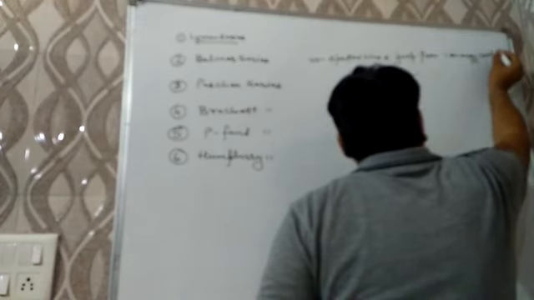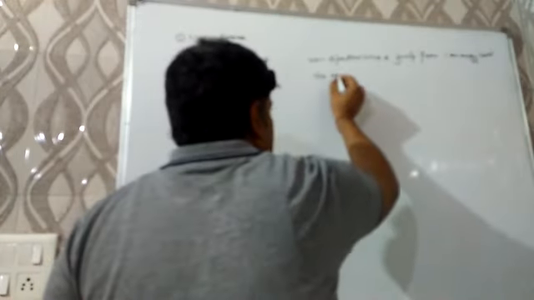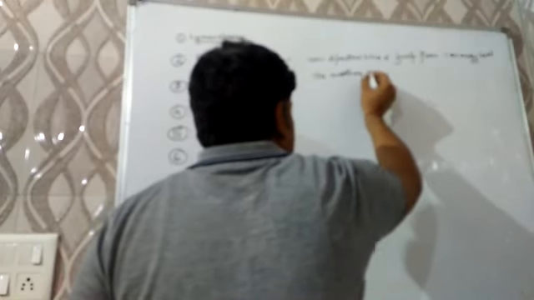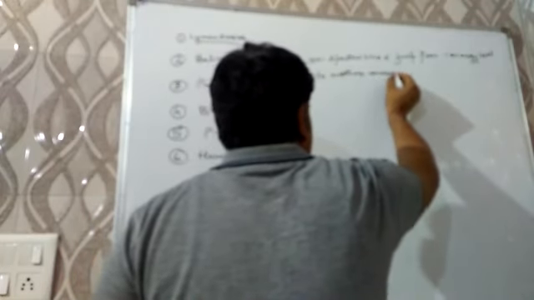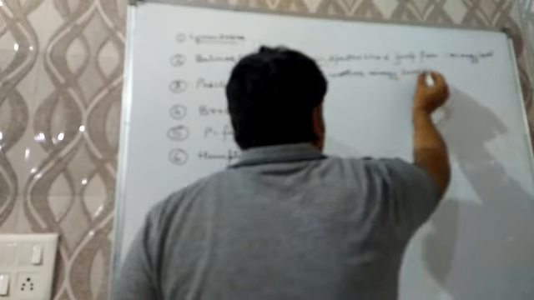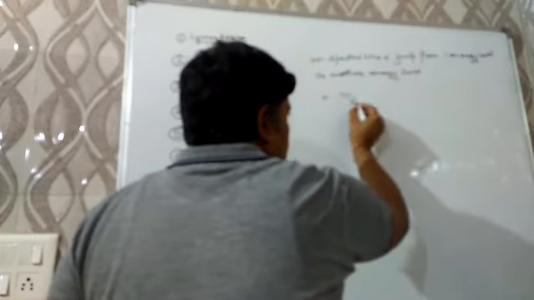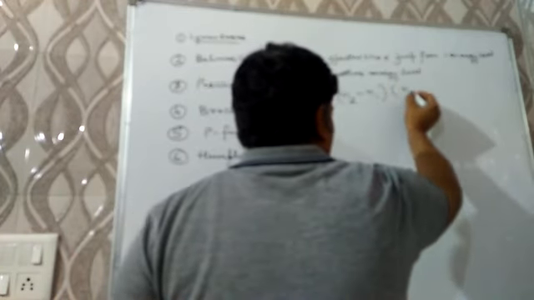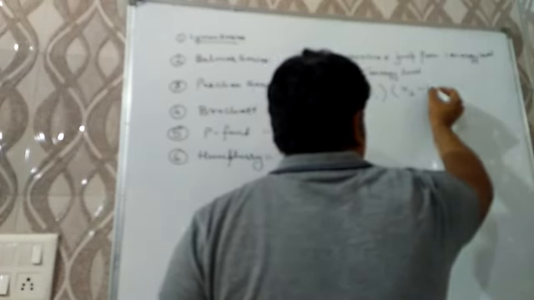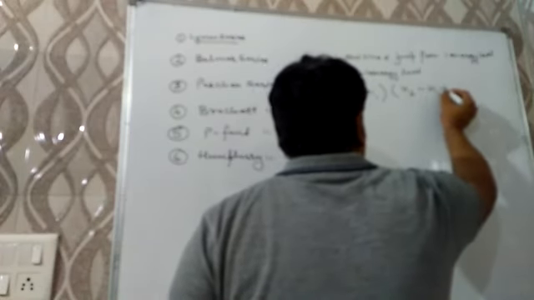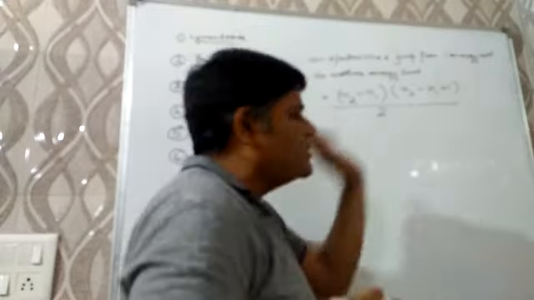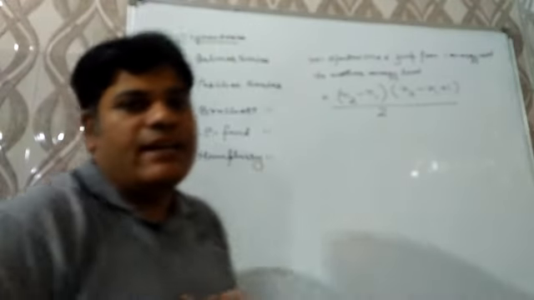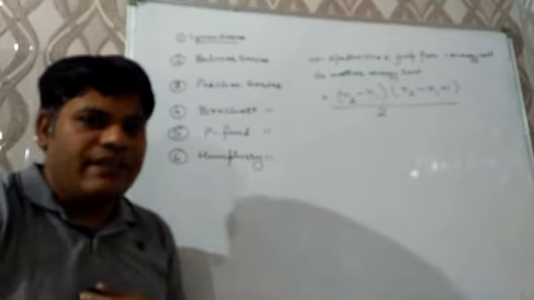The formula used will be (n2 minus n1) into (n2 minus n1 plus 1) over 2, where n2 is the higher energy level and n1 is the lower energy level.